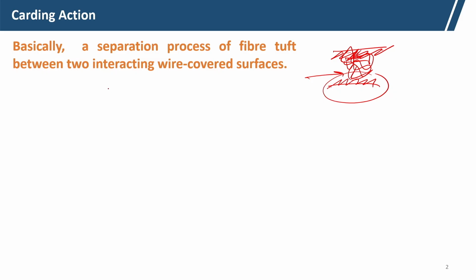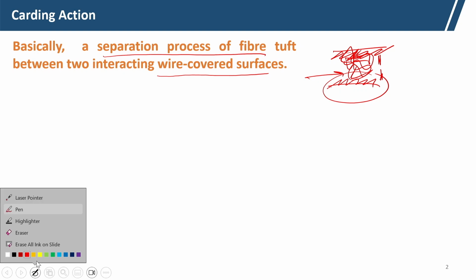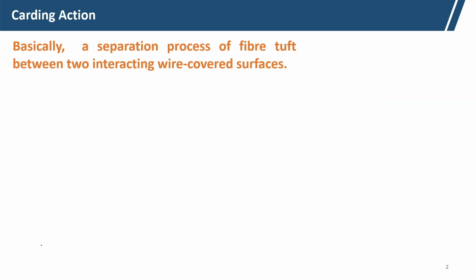So, the fiber separation process is achieved by a pair of wire covered surfaces. That is the basic idea of carding.